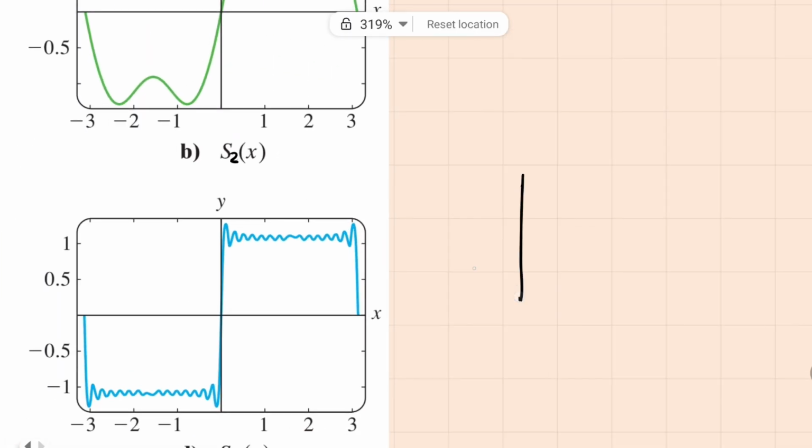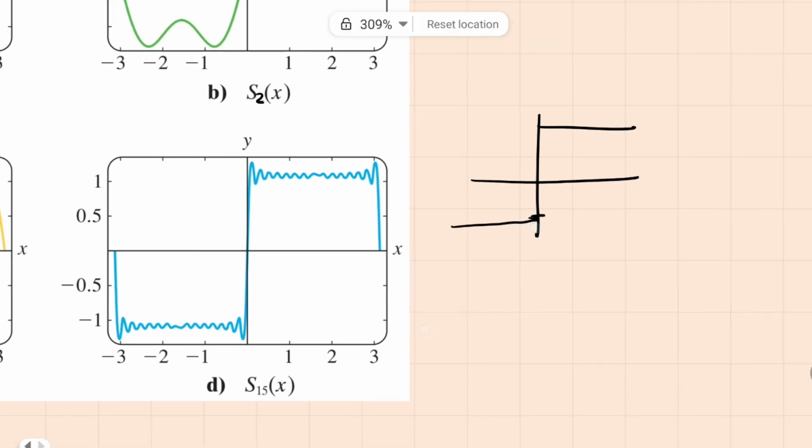Remember that f has this form over here. So again, when we increase the quantity of terms in the Fourier series, the graph is going to be more and more similar to f. If you see, in y equals to 1, this turns out to be more and more similar to the function f.